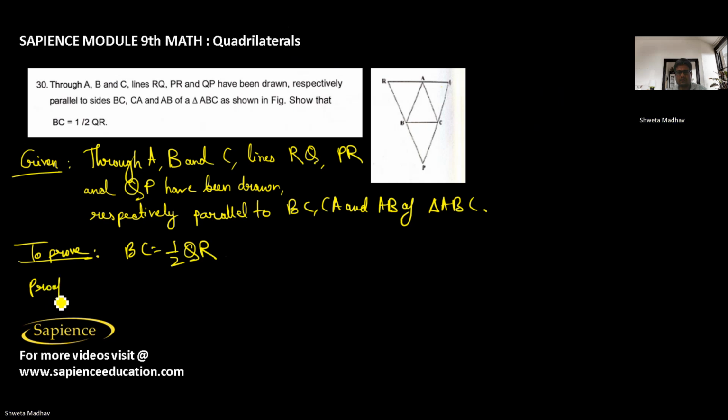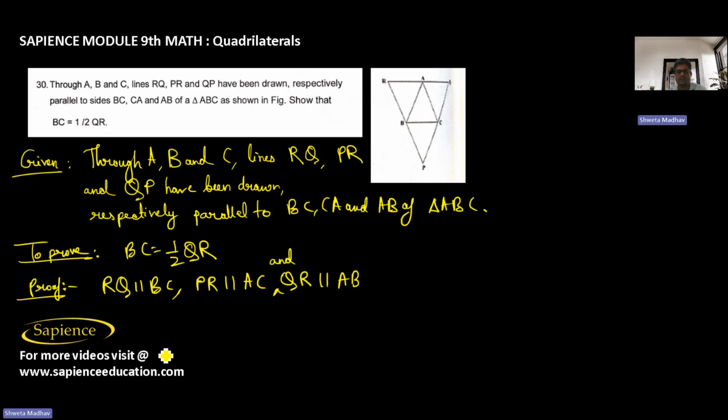So the proof is, here you can see that RQ is parallel to BC, PR is parallel to AC, and QT is parallel to AB, in triangle PQR, which is given.